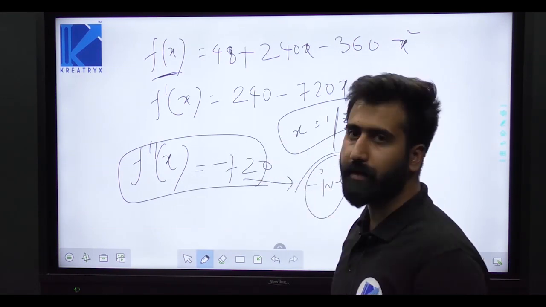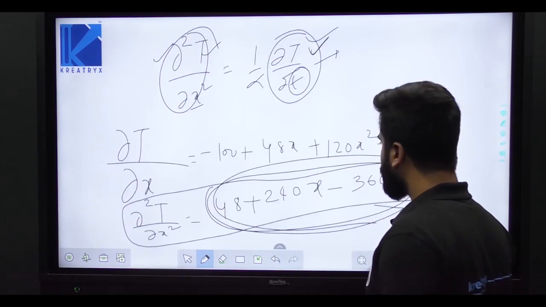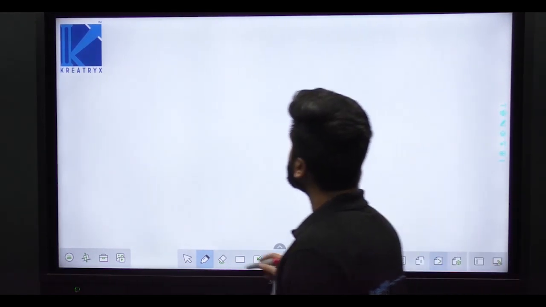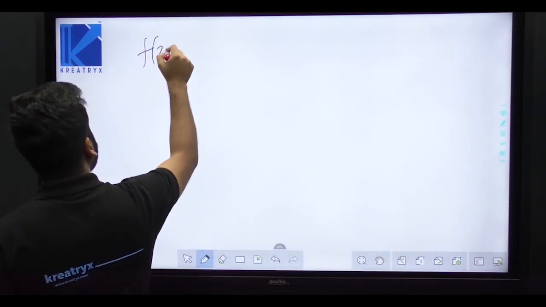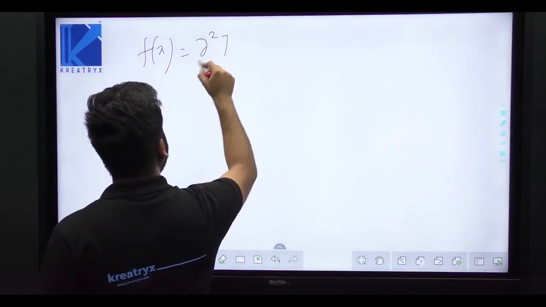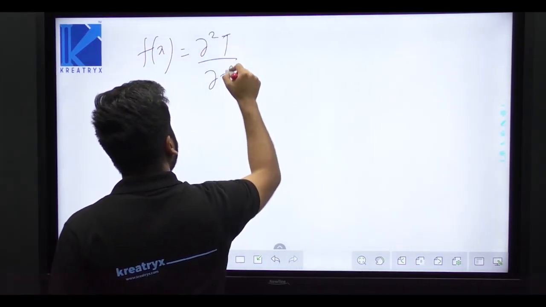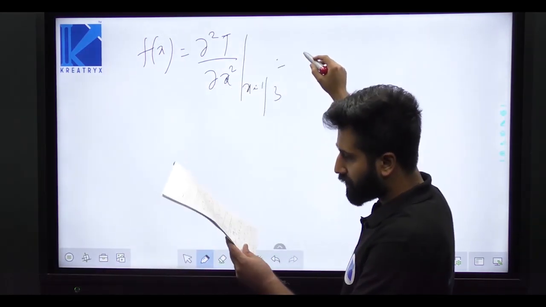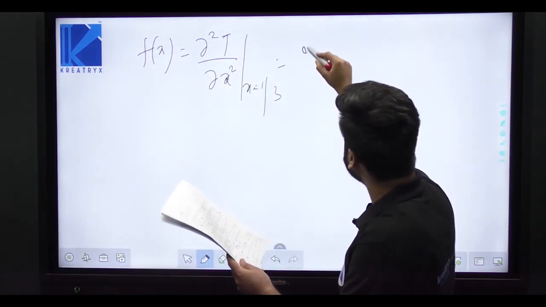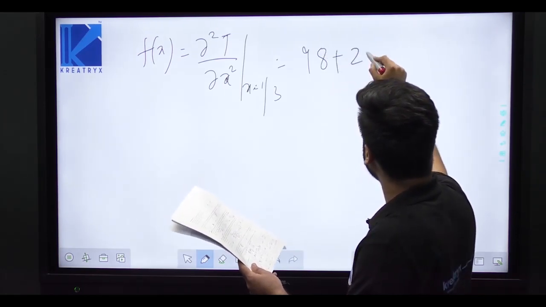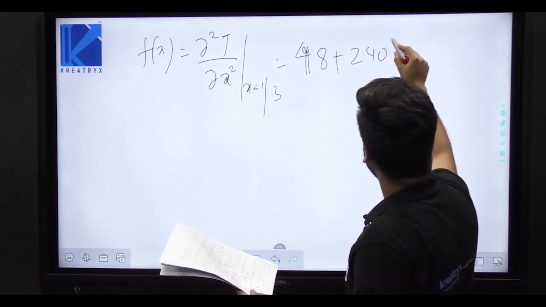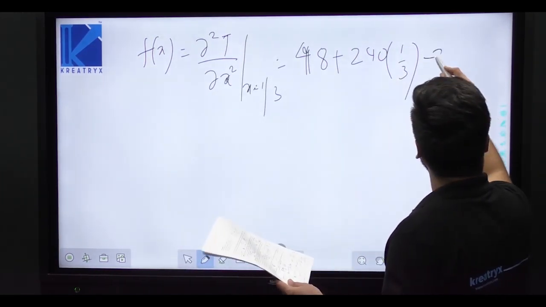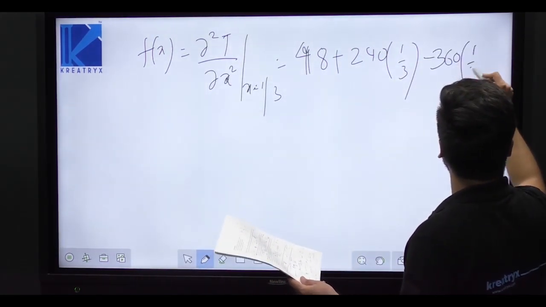Now put x equal to 1 by 3 in what? This equation, this function. This is f(x) or ∂²T/∂x² at x equal to 1 by 3. So this equation is 48 plus 240 times 1 by 3 minus 360 times 1 by 3 squared.